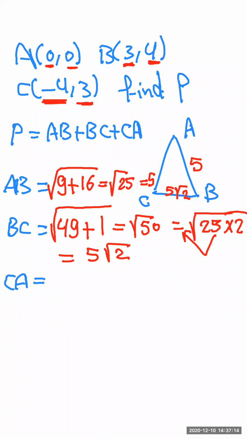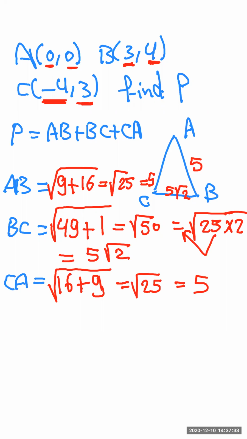So it will equal negative 4 squared, which is 16, plus 3 squared, which is 9. So the square root of 16 plus 9, which will equal the square root of 25. So it will equal 5.